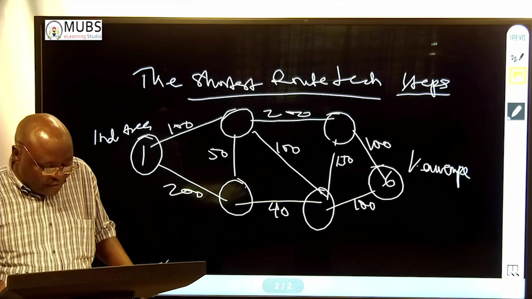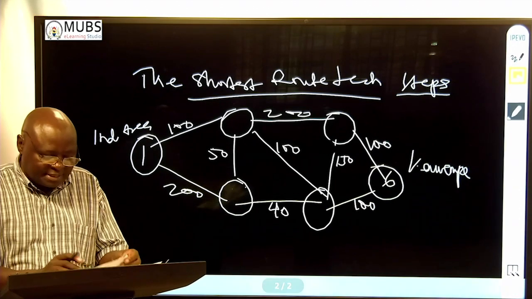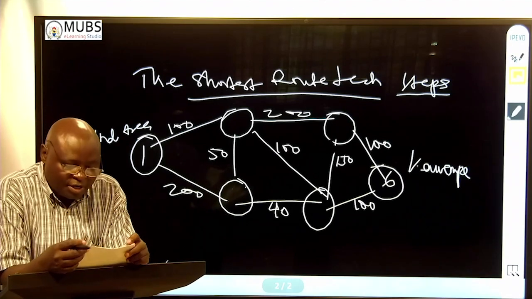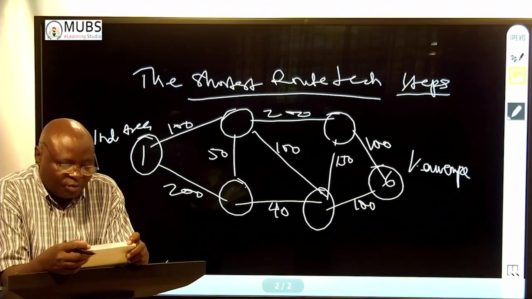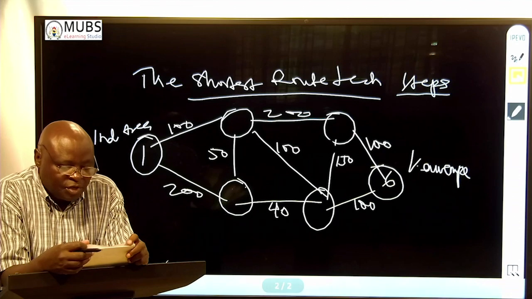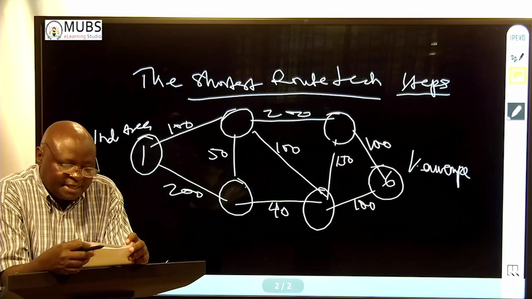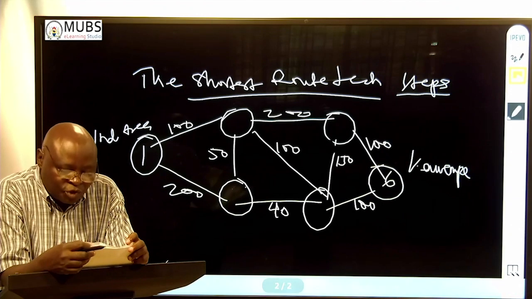Number two, find the next nearest node to the origin and put this distance in the box by the node. Repeat this process until you have gone through the entire network. The last distance at the ending node will be the shortest distance for this route.